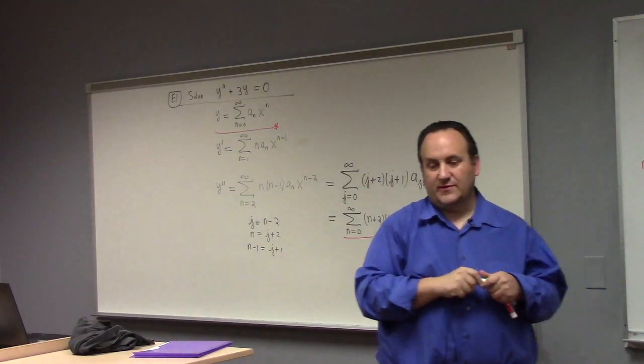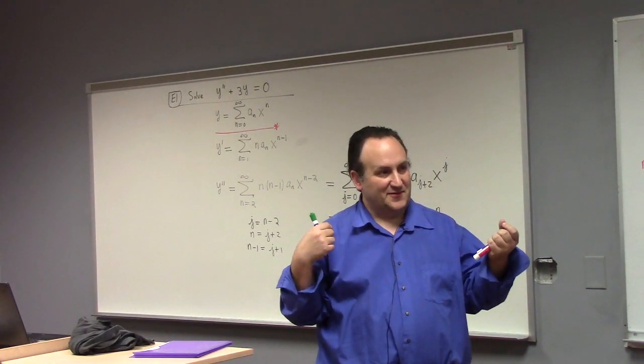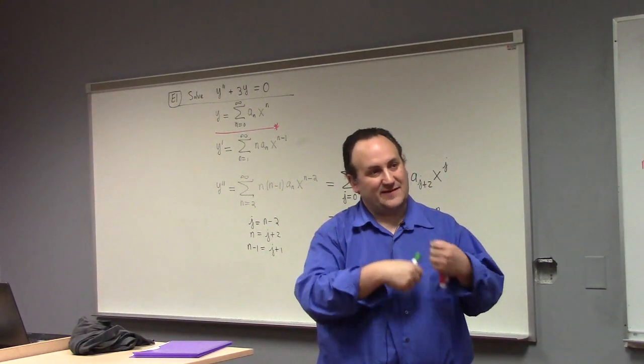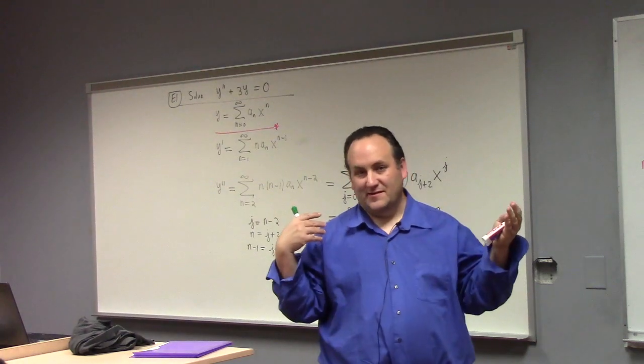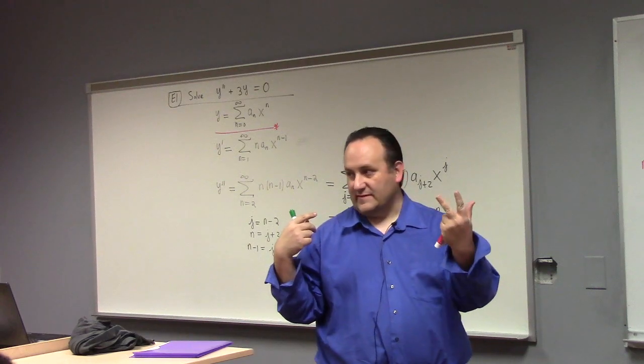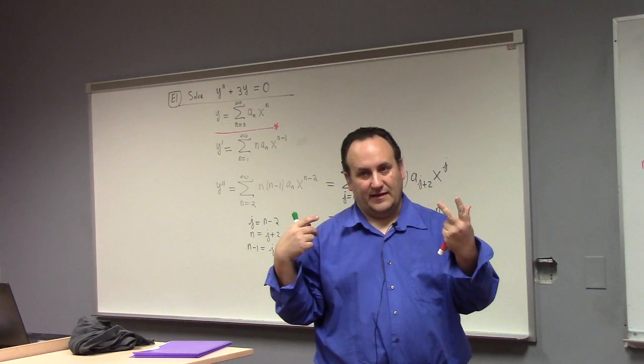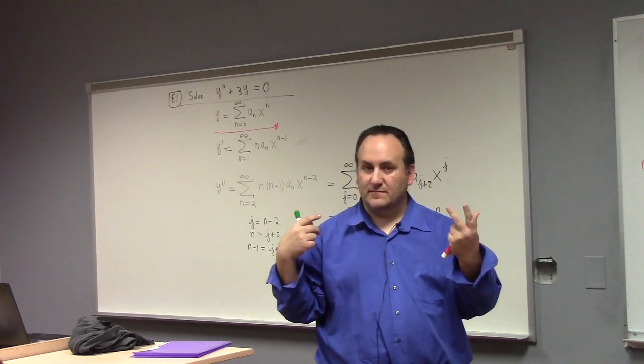So it turns out we guessed an answer with infinitely many parameters, right? We had a sub 0, a sub 1, a sub 2, a sub 3, all the way on out. And what has happened is that we only needed 2 arbitrary constants in our solution. Everything can be written in terms of a sub 0 or a sub 1.